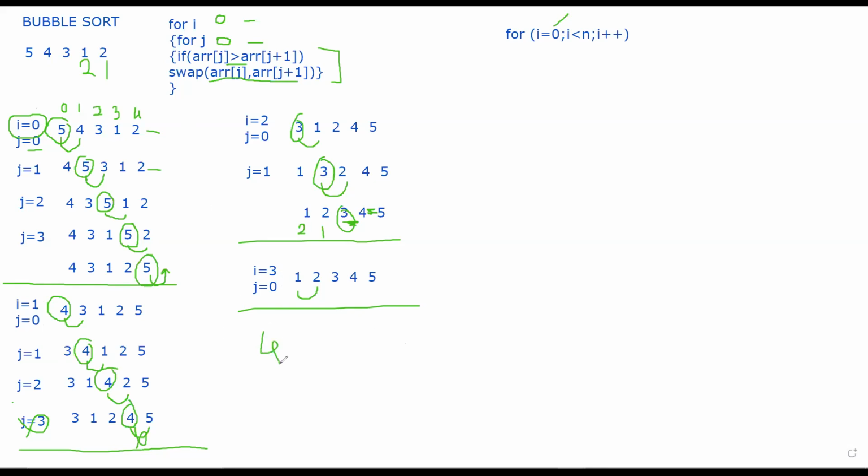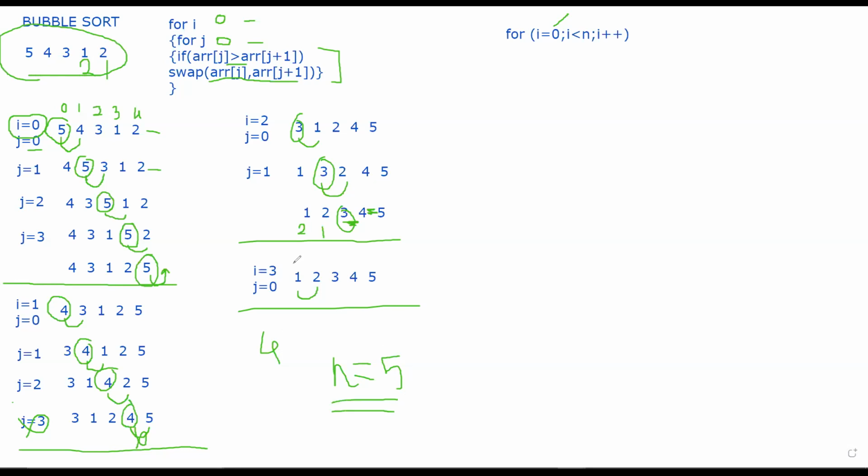Now you have to find a relation in terms of n. n is nothing but the length of your array, the length of your sequence. So how much is the length of the sequence over here? 5. There are 5 elements inside this sequence, right? 5, 4, 3, 2, 1. 5 elements are there. So my n is equal to 5.